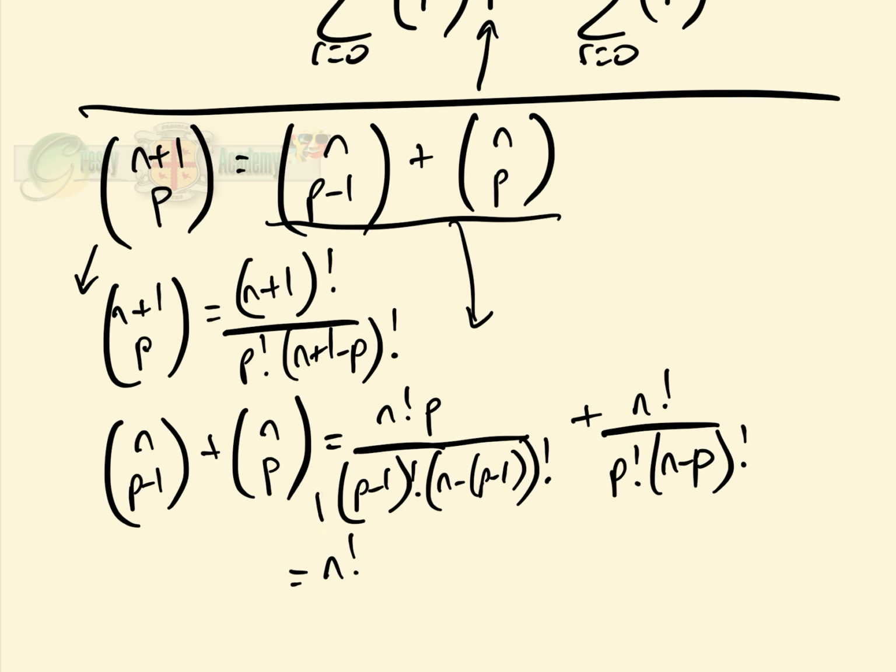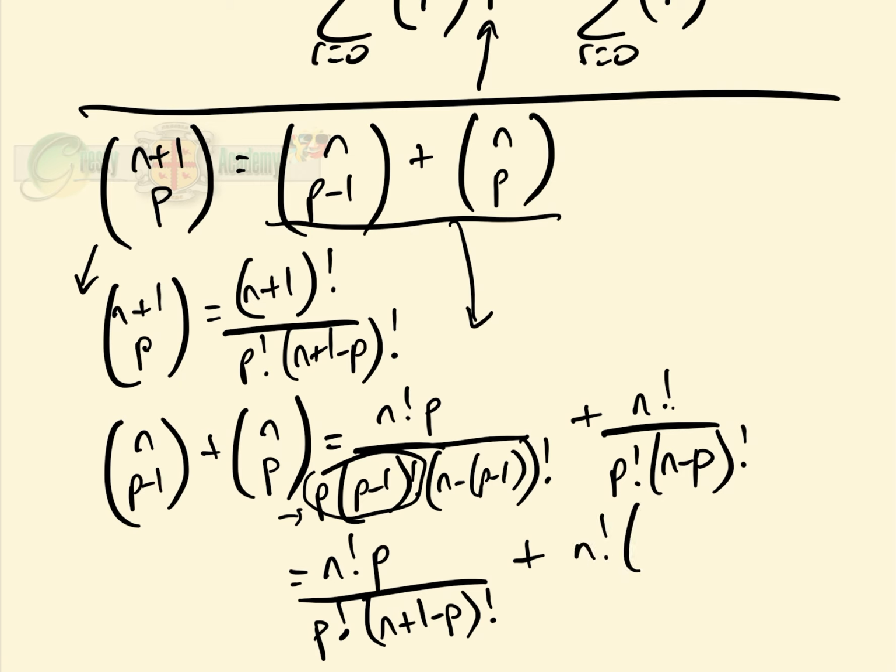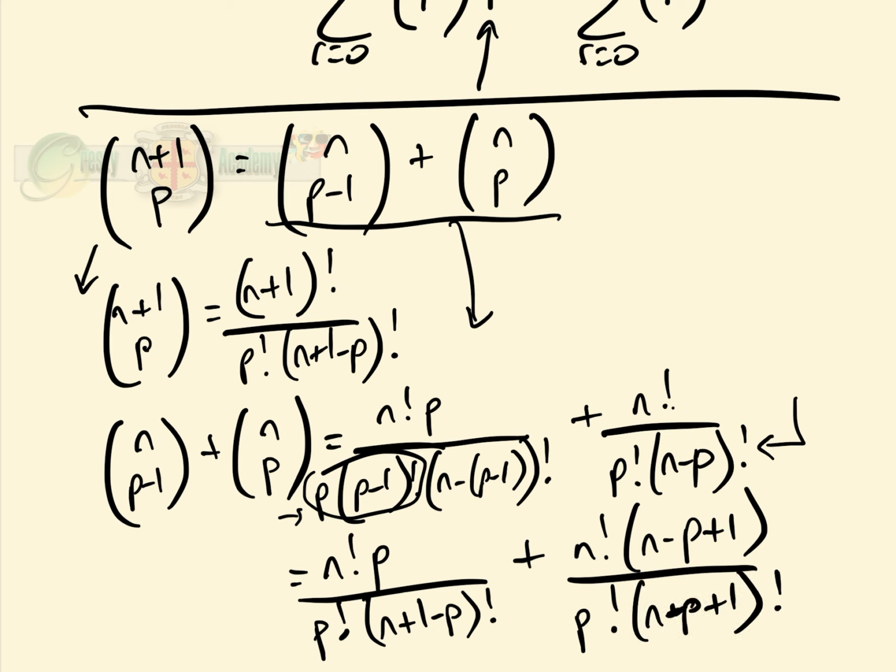Let's multiply top and bottom here by p, and that will give us p factorial, n factorial p over p factorial (n plus 1 minus p) factorial, add, and on this top hand here, let's multiply top and bottom by (n minus p plus 1), and that will give us n factorial (n minus p plus 1) over p factorial, and (n minus p) factorial times (n minus p plus 1) gives us (n minus p plus 1) factorial.